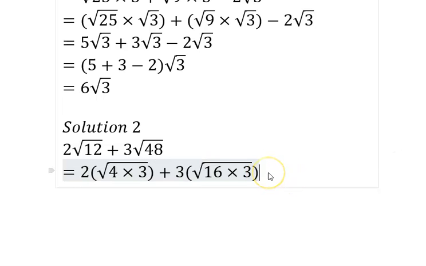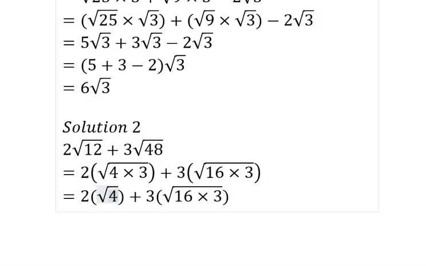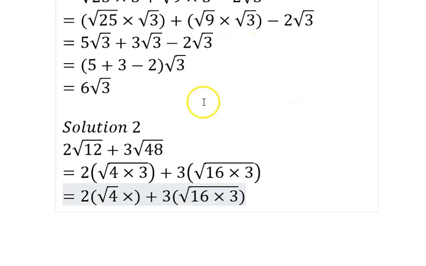So now with this, we can split this with 4 separate and 3 separate as usual, applying one of our rules. So we can have it this way, times, still have root 3 here.